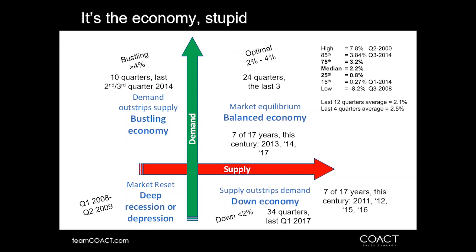So the last time we really experienced what we would consider a bustling economy was almost 4 years ago. Only 1 year in the century did we average above that 4% or 3.84, and that was 2003. So, what do you learn from this?